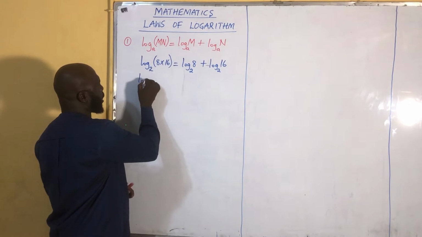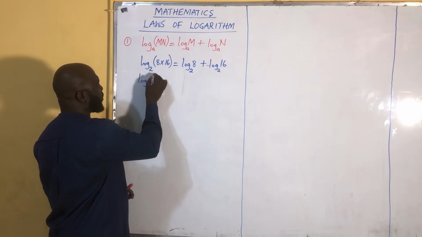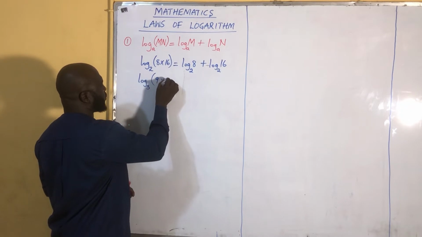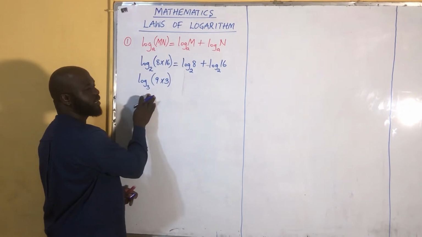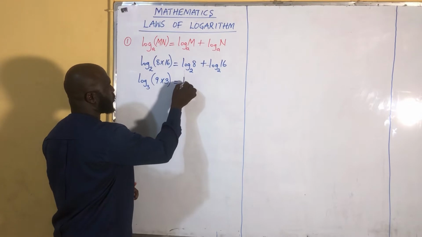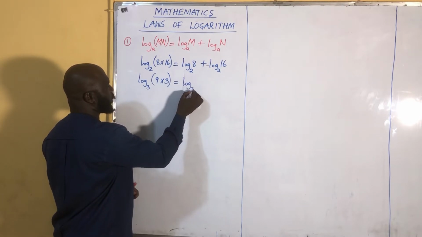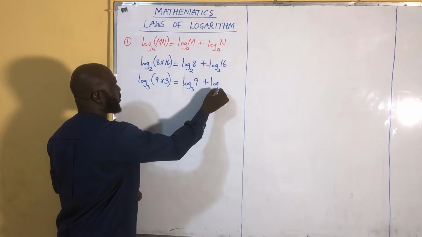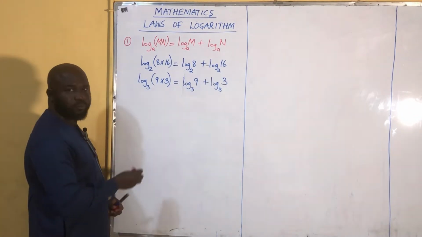Also, if you have logarithm in base 3 of 9 times 3, expanding this will lead us to logarithm in base 3 of 9 plus logarithm in base 3 of 3.